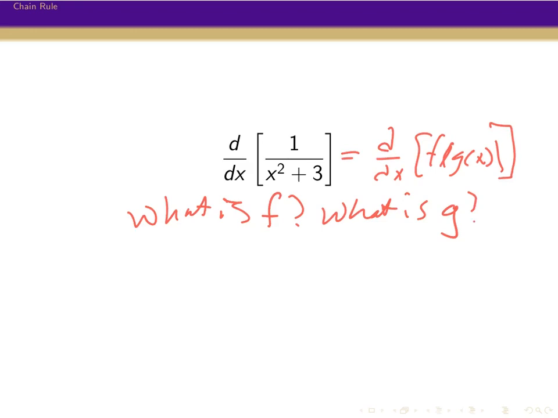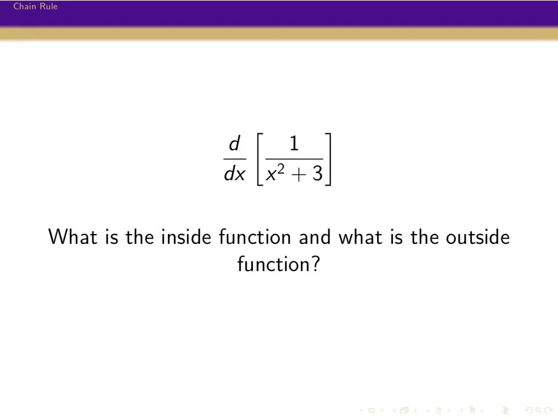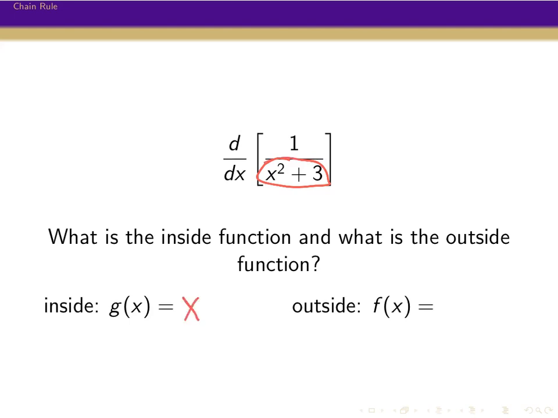It's usually best to think about things inside out. So again, we're looking at what's the inside function, what's the outside function. Well, we've got this x squared plus 3. This is deep down, the innermost thing, so that's going to be our inside function.